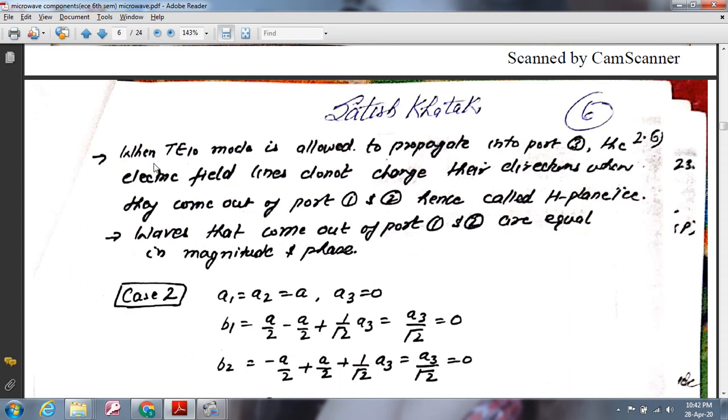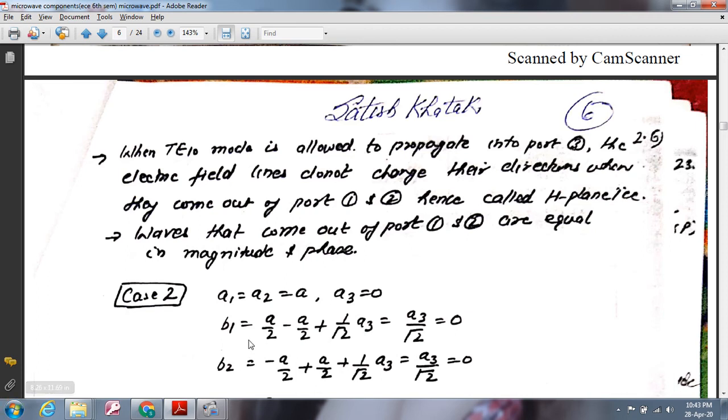So when the dominant mode TE10 is allowed to propagate into port number 3, the electric field lines do not change their direction when they come out of port number 1 and port number 2, hence called H plane T. Waves that come out of port 1 and 2 are equal in magnitude and phase. So this was the case of H plane T when we have input at port number 3 and no input at port number 1 and port number 2.